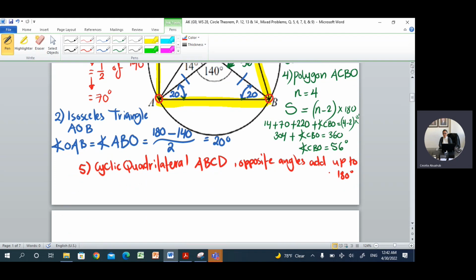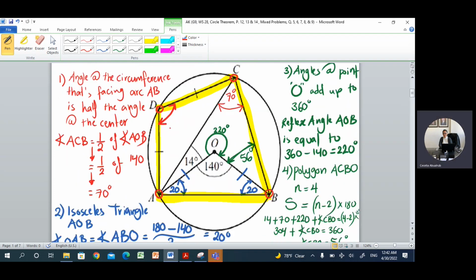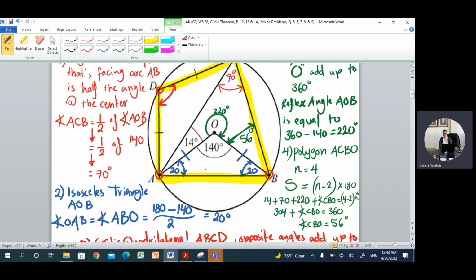So we're going to say angle ADC is equal to 180 minus the opposite angle. Let me just highlight it here.